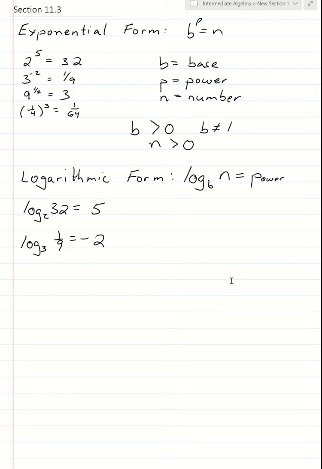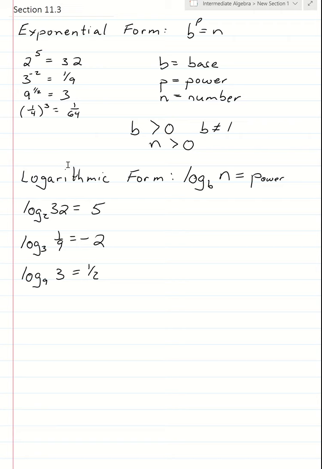That third example, 9 to the 1/2 power equaling 3, in logarithmic form we would write log base 9 of 3 equals 1/2. Once again, what power would I have to raise 9 to in order to get the number 3?